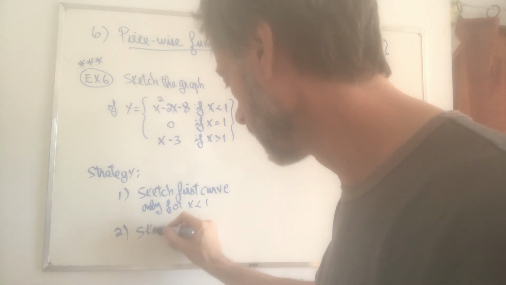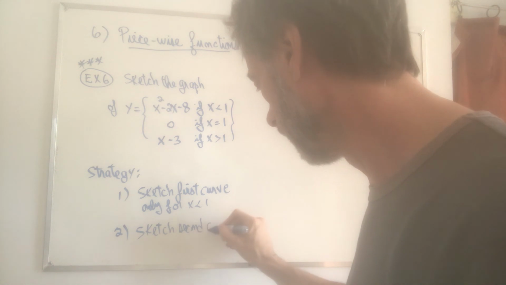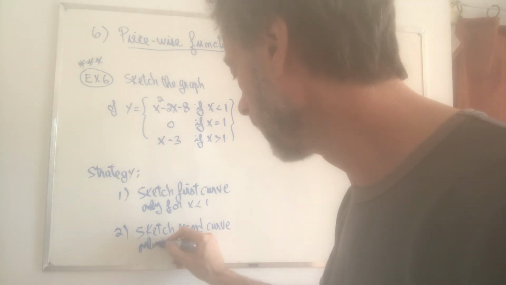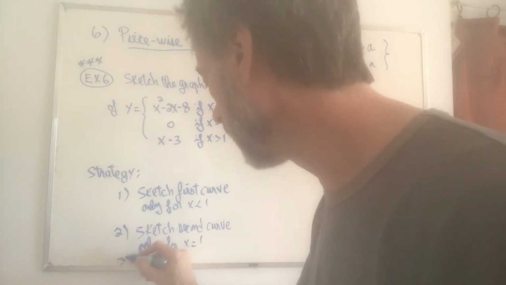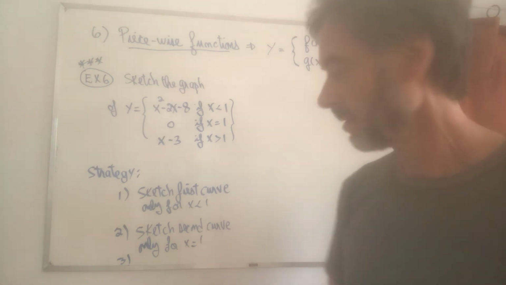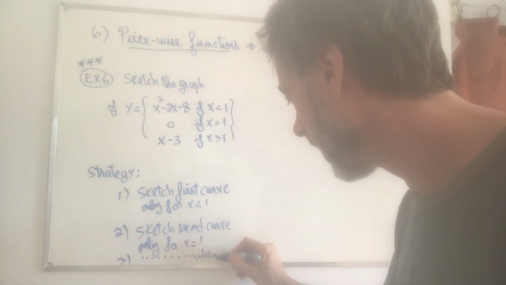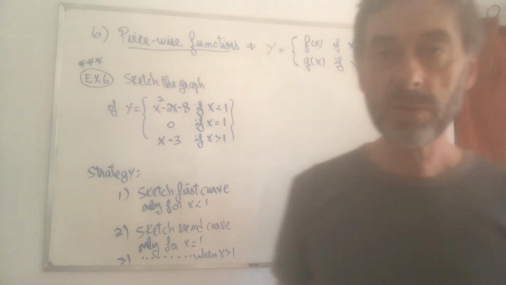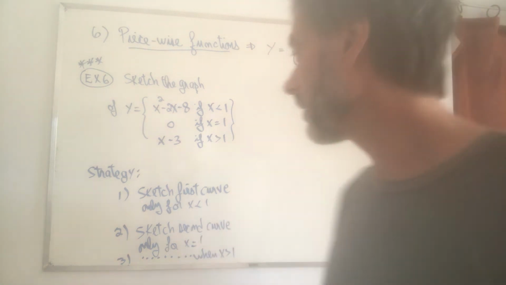Then sketch the second curve only for x equals 1. And 3, sketch the last part when x is greater than 1. So we have 3 graphs to do, and then we're going to have to keep some parts and erase some parts. Let's see what is meant by that.